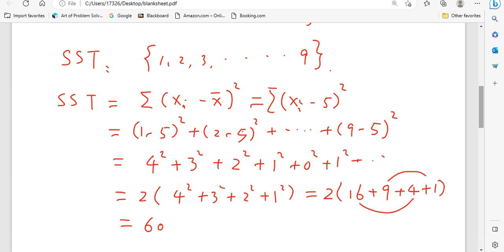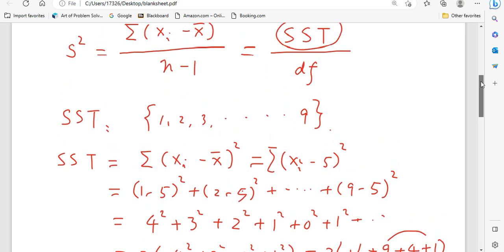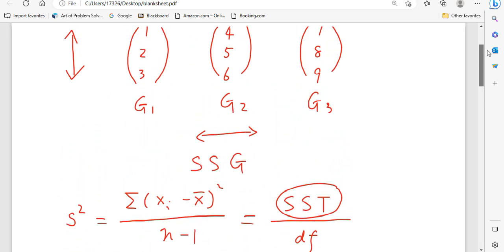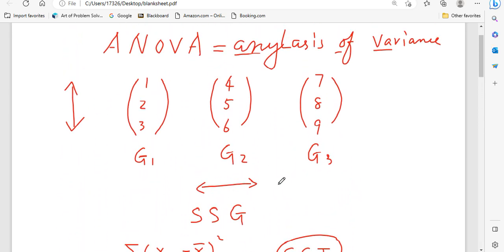So we believe these values come from two directions, change from this direction or change from this direction. For the change from this direction, we assume there is no change in the other direction. Only change comes from this way.